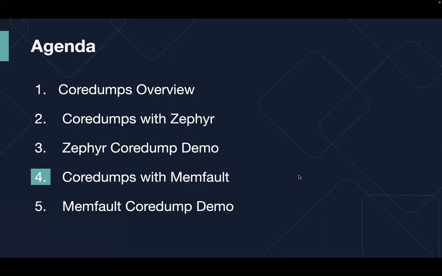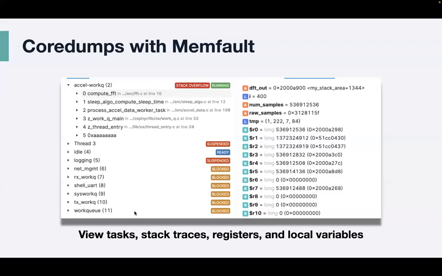And now we'll move into what features and additional capabilities Memfault brings to Coredumps. So this is what a Coredump looks like in the Memfault web app. We provide a lot of capabilities in terms of processing your RTOS's state, the state of the different threads that are running, and all stacks of the threads.